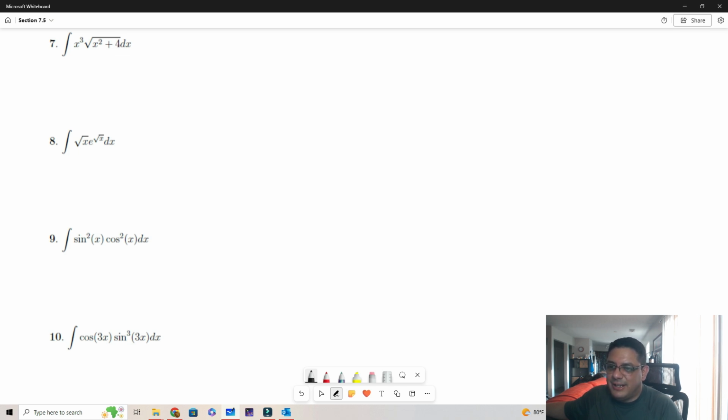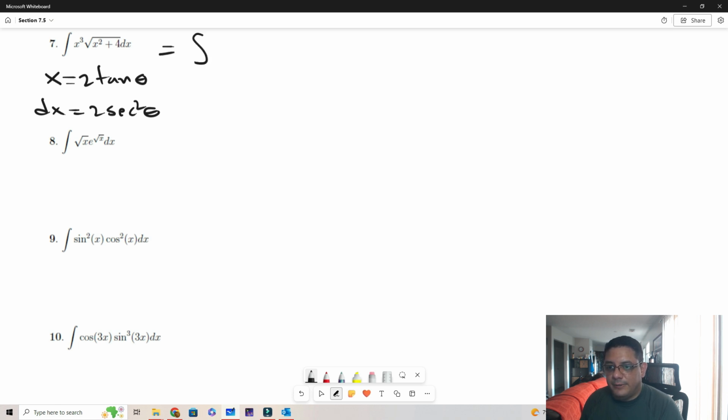This x cubed is kind of weird, but it might just produce a trigonometric power integral, so I'm just going to go with trigonometric substitution for this. So I'm going to say x equals 2 tangent of theta, since remember, this shape x squared plus 4 calls for this type of substitution, and so then the dx is going to be 2 secant square of theta.